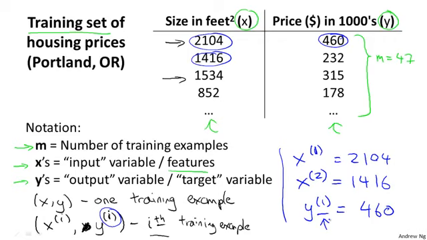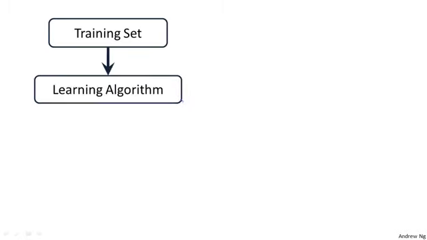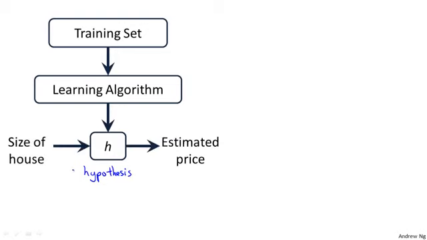We've defined what a training set is, and so here's how a supervised learning algorithm works. We start with a training set, like our training set of housing prices, and we feed that to our learning algorithm. It's the job of a learning algorithm to then output a function, which by convention is usually denoted lowercase h, and h stands for hypothesis. The job of the hypothesis is a function that takes as input the size of a house, like maybe the size of a new house that your friend is trying to sell.